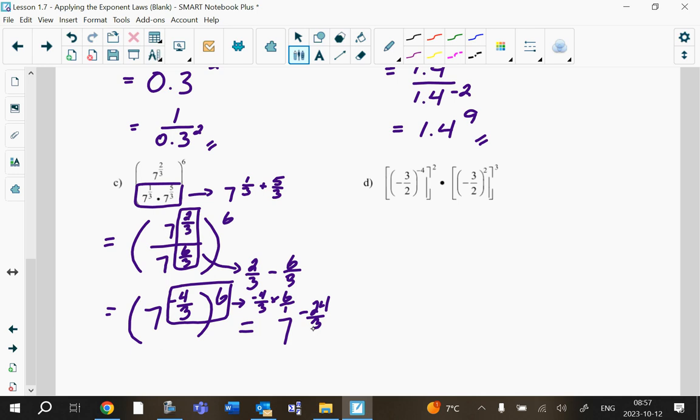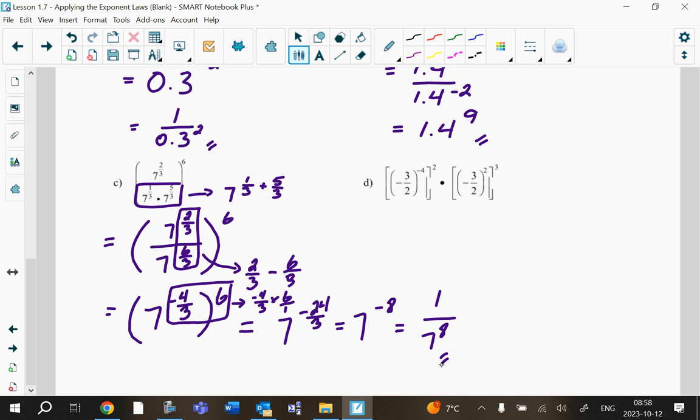Negative 8. Always got to simplify fractions. But I'm still not done. Well, move it down, which means 1 is left here. And when you move it down, you make it positive. There's your answer. So it's a little bit crazy.